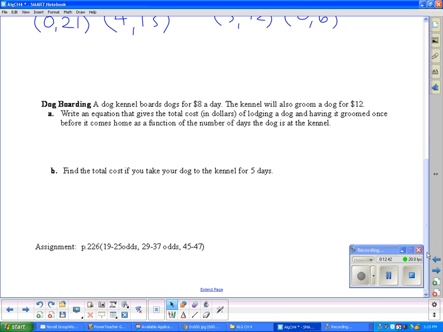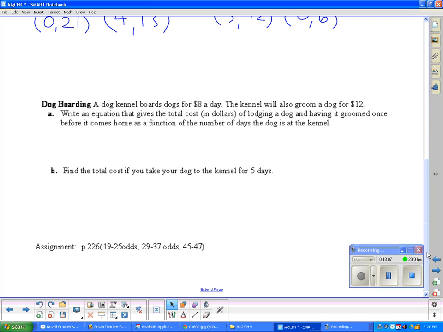Okay, so really we have a set dollar amount for just bringing your dog there. And then if you want this extra service, then it's going to be more each time you do it. Okay, so we're having it groomed once before it comes home as a function of the number of days at the kennel.